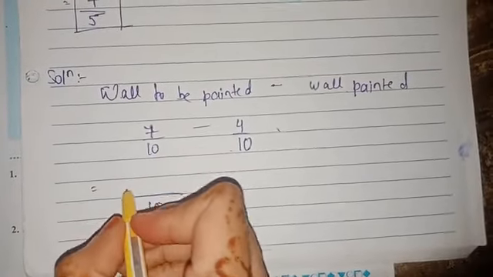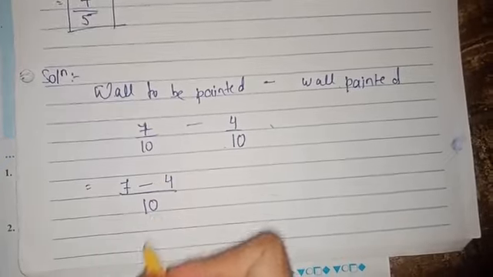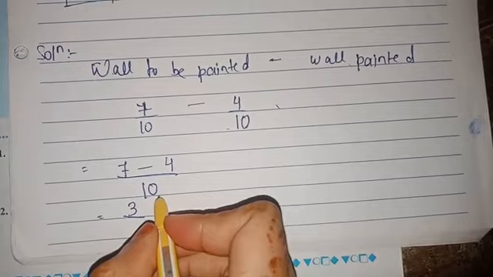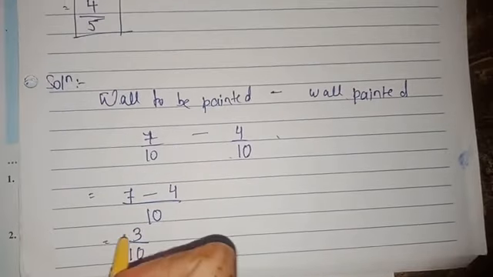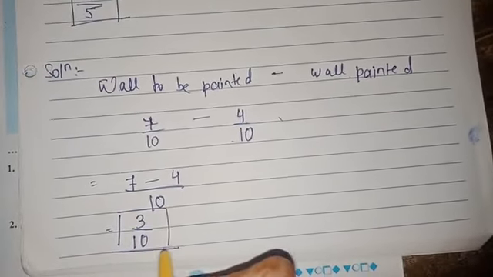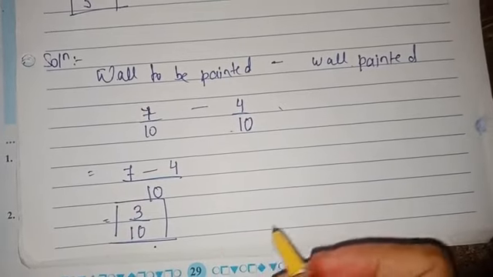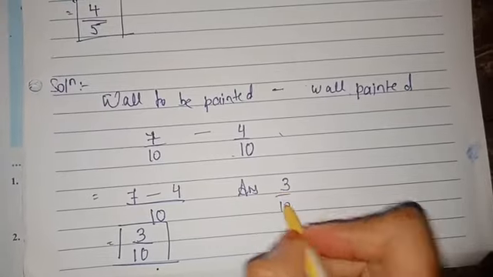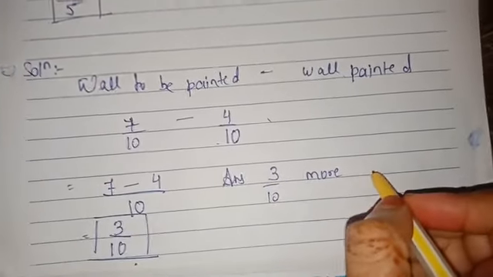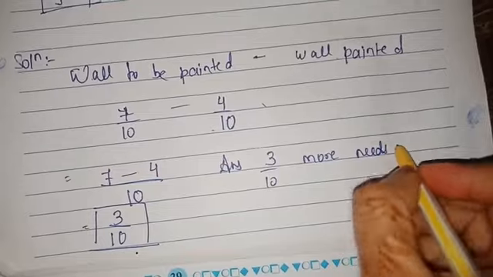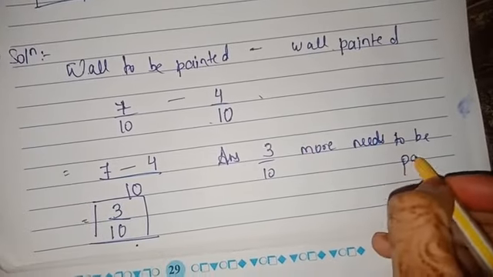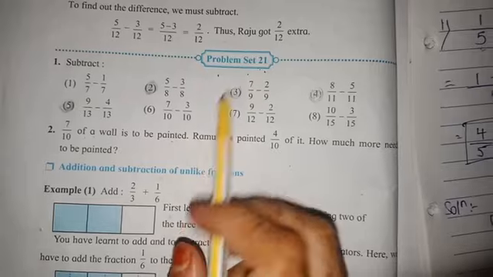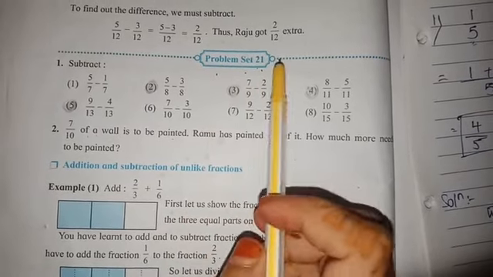Now subtract the numerators, 7 minus 4. So 7 minus 4 is 3, and this 10 will come as it is, so we get 3 by 10. This is 3 by 10 more needs to be painted. Understood? We have done problem set number 21 also. Thank you.